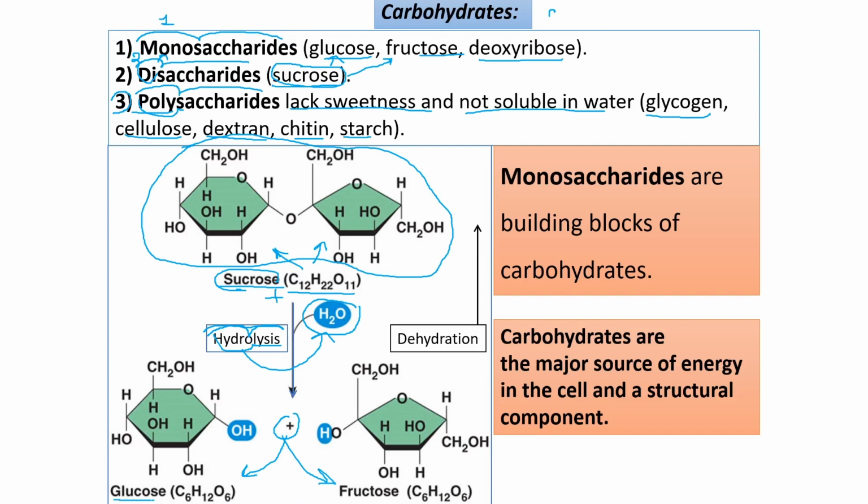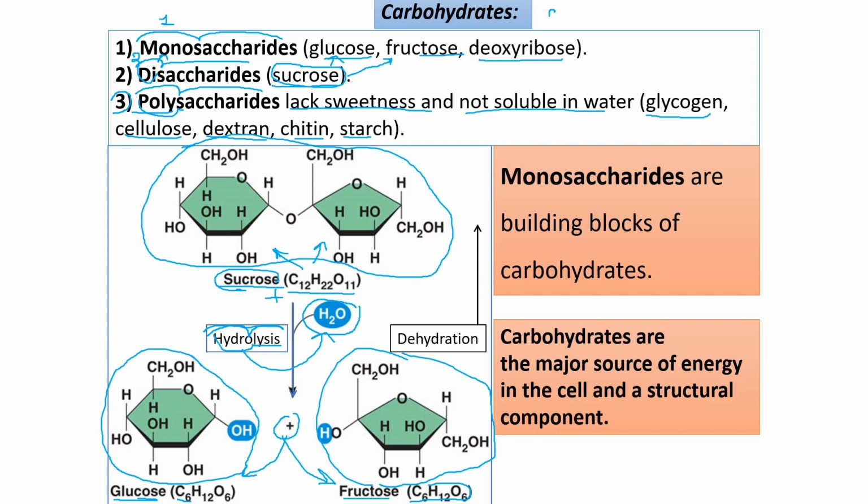1 will be glucose, here is its chemical formula and here its representation, and the other will be fructose, with its chemical formula and representation here. So from sucrose in water, with the help of the chemical reaction called hydrolysis, we break down sucrose into glucose and fructose. And how is water involved?